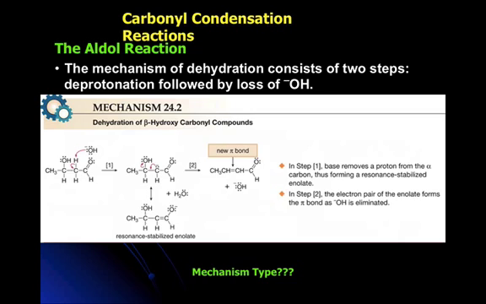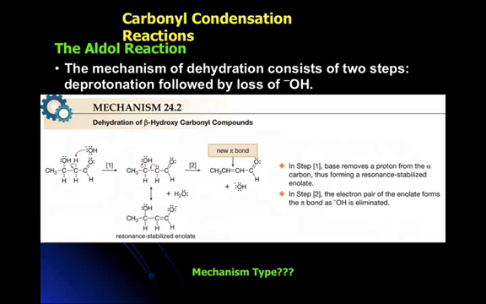E1CB works when you have an acidic compound reacting with a base and you have a poor leaving group. Okay? Hydroxide is a poor leaving group. And so that's why I can generate that anion intermediate, which is not a carbocation, right? And then it eliminates to give the alkene. So this is known as an E1CB mechanism.